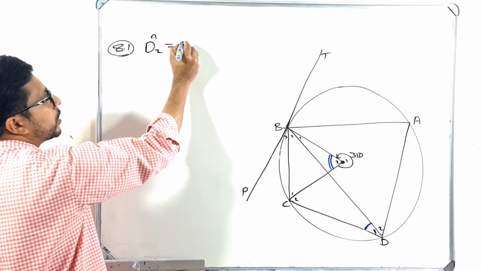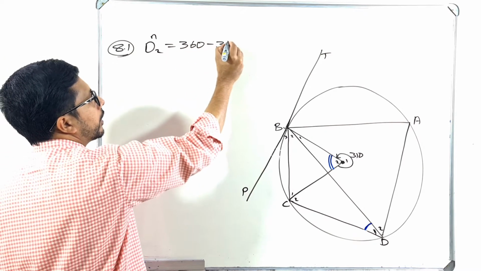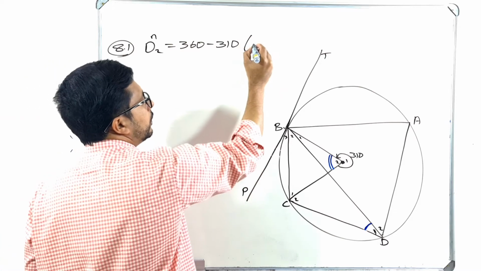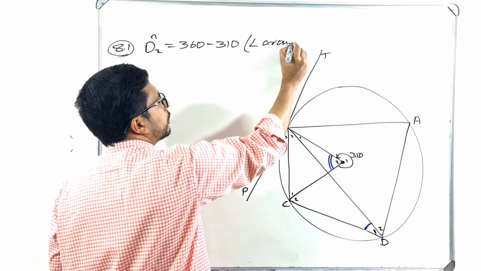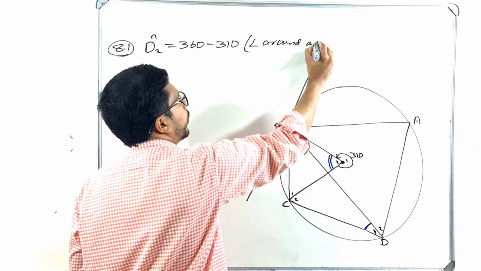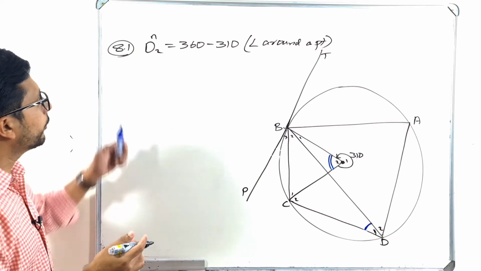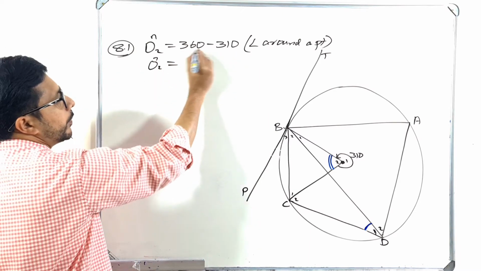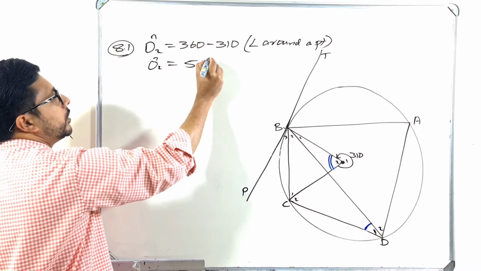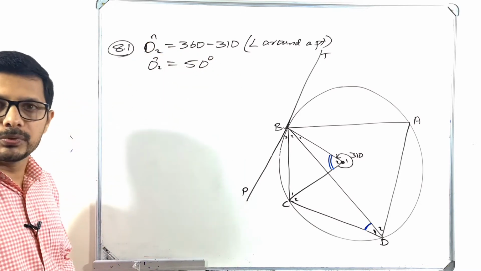Angle O2 is equal to 360 minus 310. So what is the reason? Angles around a point is 360. Therefore O2 is equal to 360 minus 310, which is 50 degrees.